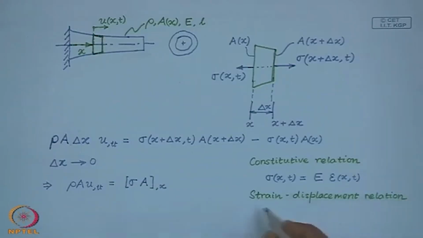So, which reads epsilon, the strain, is del u del x.